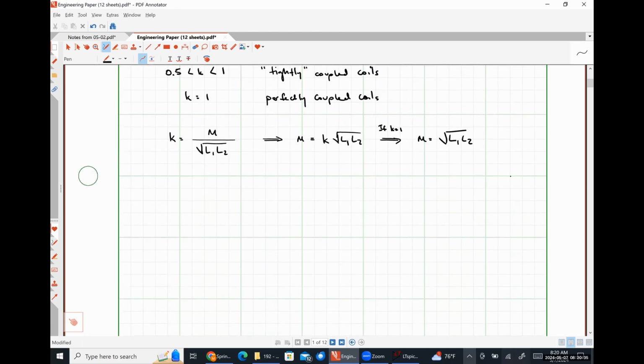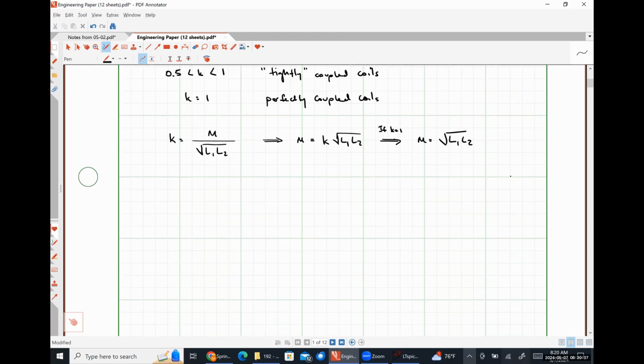So in addition to the two coupled coils, a realistic transformer circuit also includes some resistances that are used to account for the ohmic or heat losses in the coil.